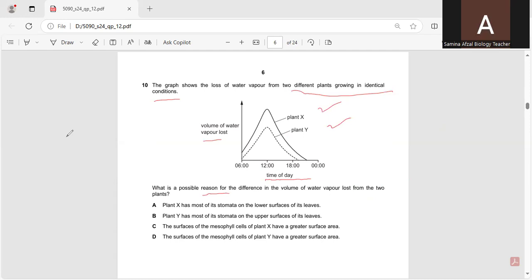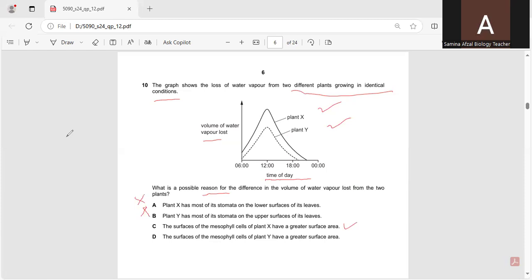Plant X has most of its stomata on the lower surface of the leaf. In that case, there should be less loss of water, so option A is not correct. Plant Y has most of its stomata on the upper surface of the leaf. It means there should again be greater loss of water, so B is not correct. The surfaces of the mesophyll cells of plant X have a greater surface area, so C can be the correct option.